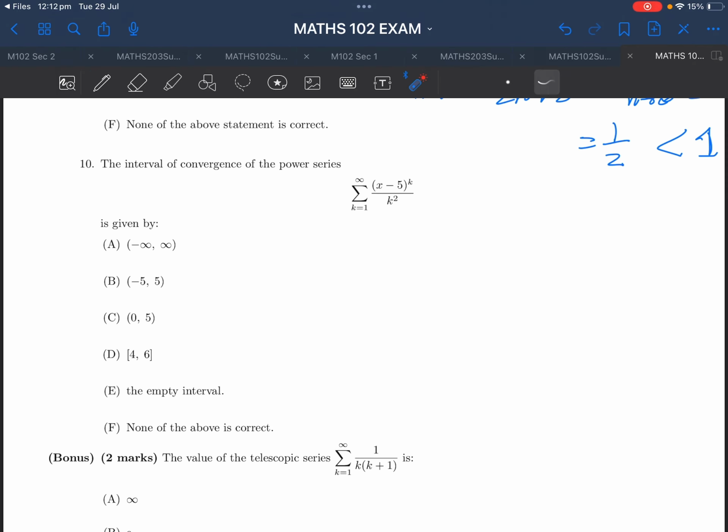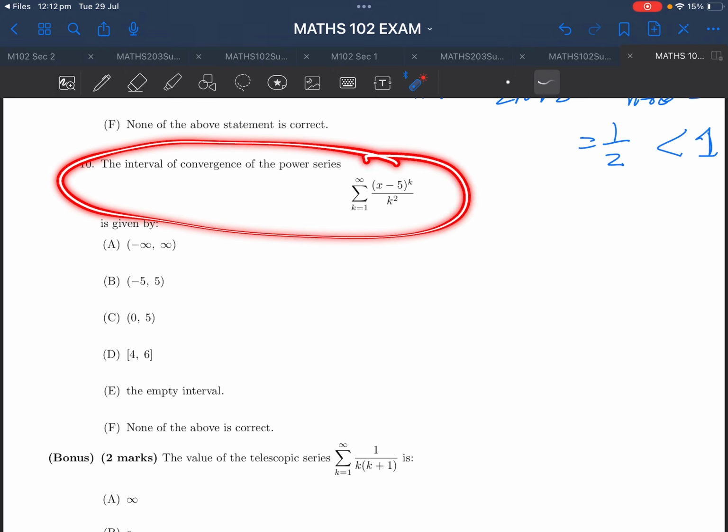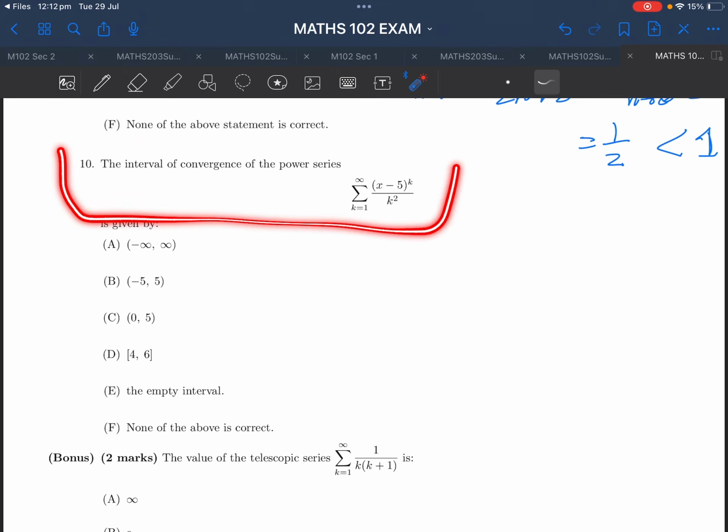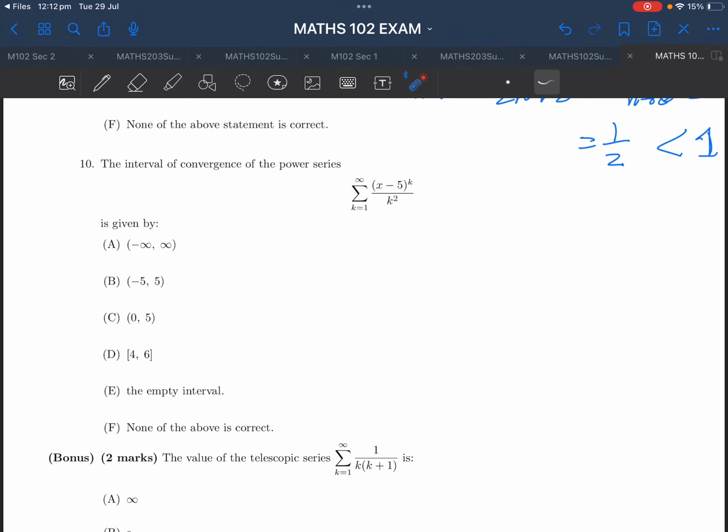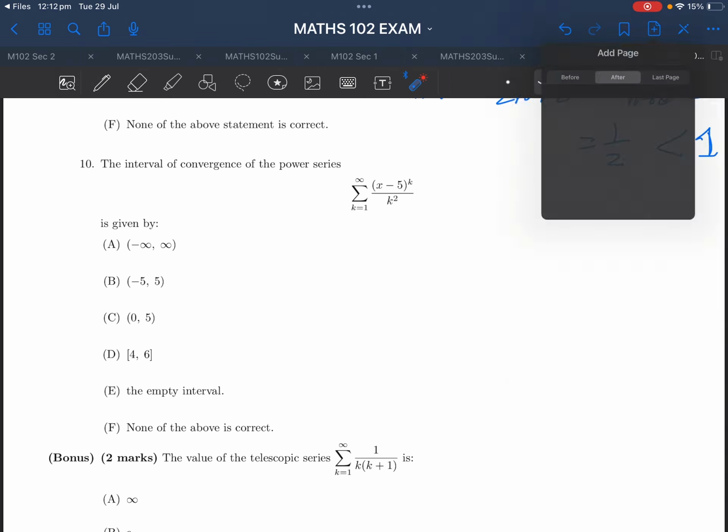Next, the interval of convergence of the power series. This is a very important question, and I think we need to spend some time dealing with this one. So I'll just have a new page where I solve this question.